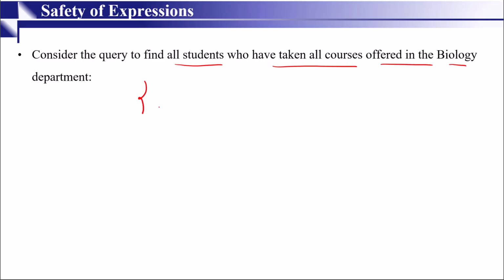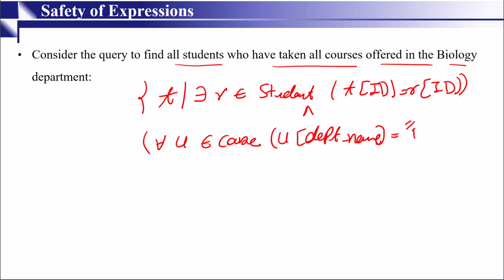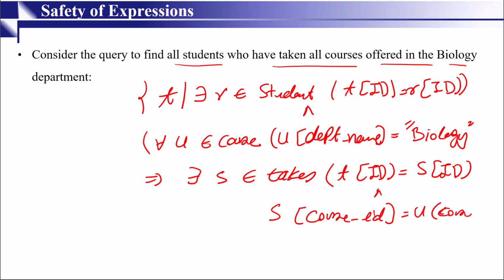We can say {T | there exists R in student (T.ID = R.ID) and for all U in course (U.dept_name = biology implies there exists S in takes (T.ID = S.ID and S.course_id = U.course_id))}.